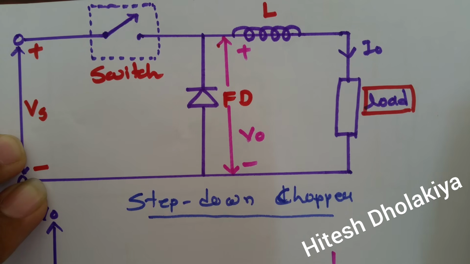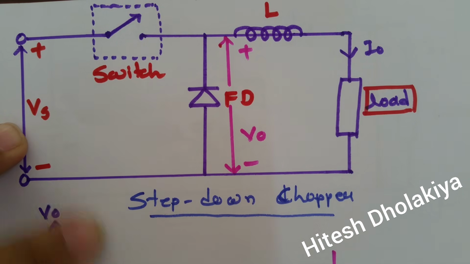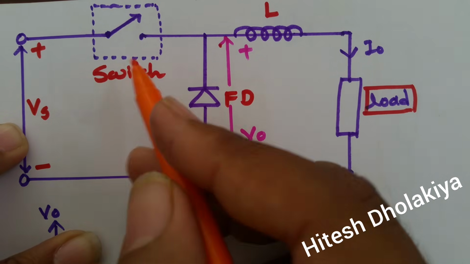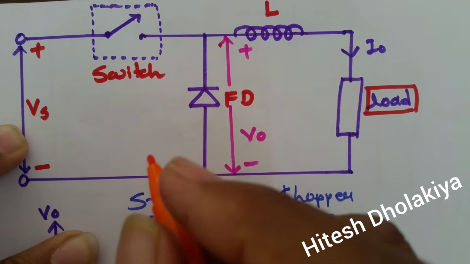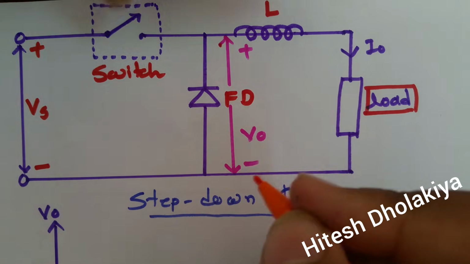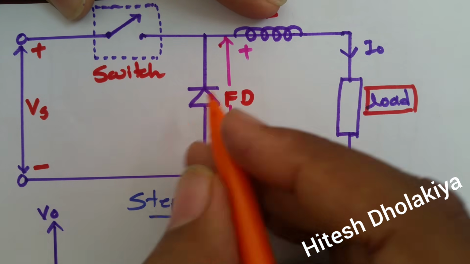First I am going to explain the step down chopper circuit, where the basic circuit for step down chopper is given in this figure. What happens when this switch is on and what happens when this switch is off, that is the first thing we need to understand. Let us consider that for some time this switch is on.